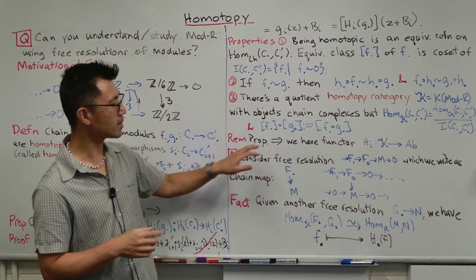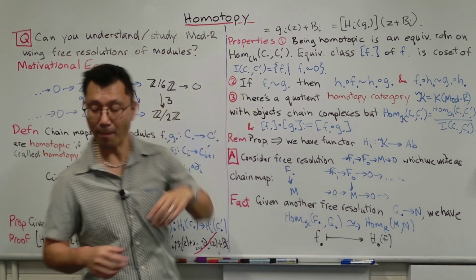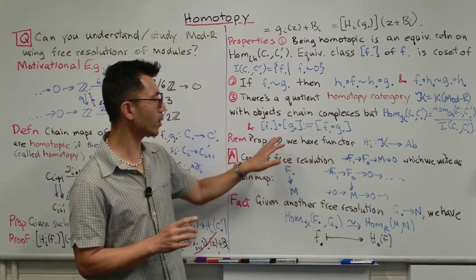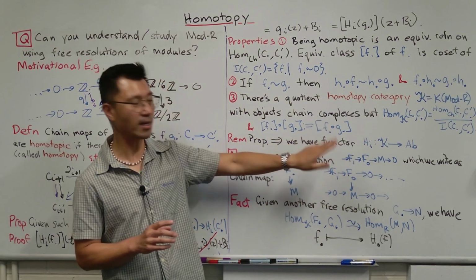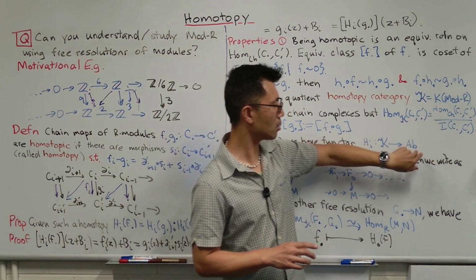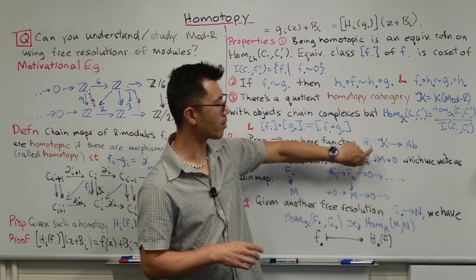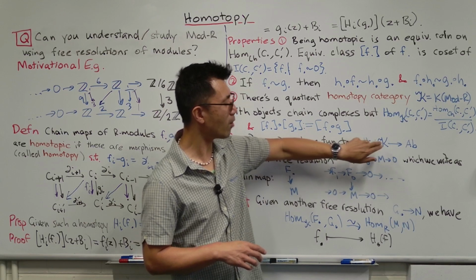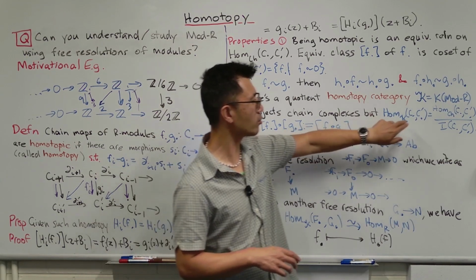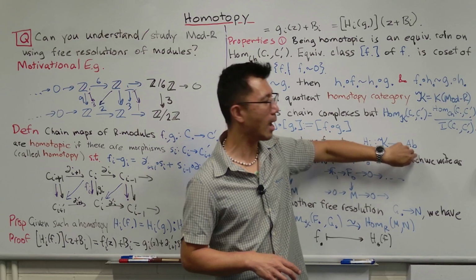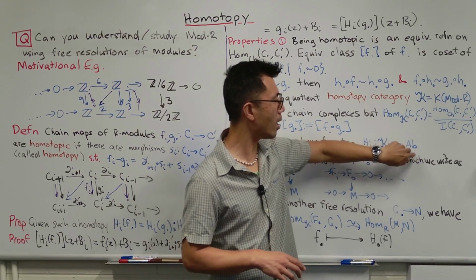And the key point is, what does the remark allow us to do? We now have a functor. Before, we had a functor from chain complexes to abelian groups. That's the ith homology functor. It actually gives us a functor from this category K, this homotopy category, to abelian groups. And that's because, how do I apply this functor?